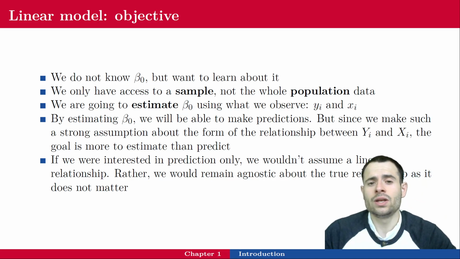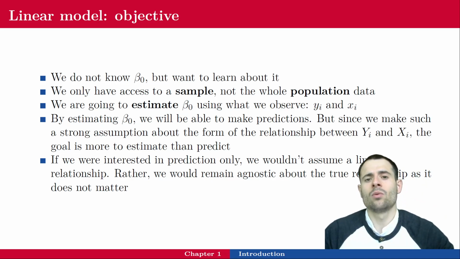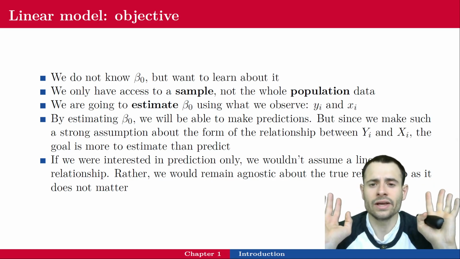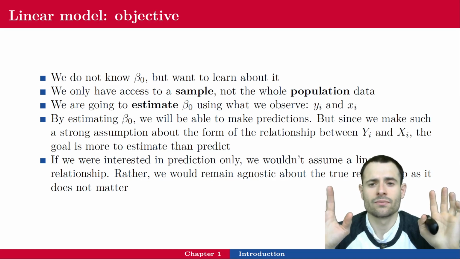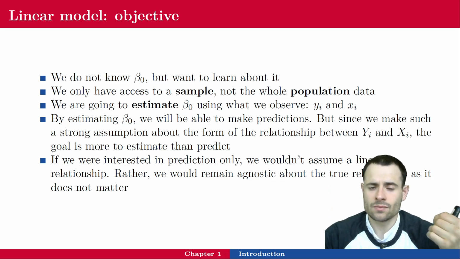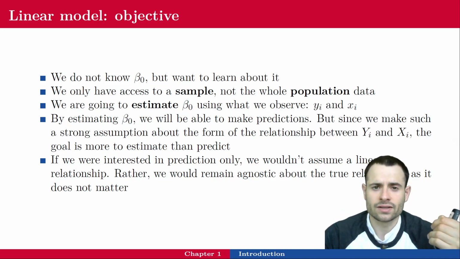If we were interested in predicting only, we would not assume a linear relationship. Rather, we would say, I don't know what the shape looks like. I don't care about the shape. I just care about making good predictions. Here, we make an assumption about the shape because we care about the nature of the marginal effect.